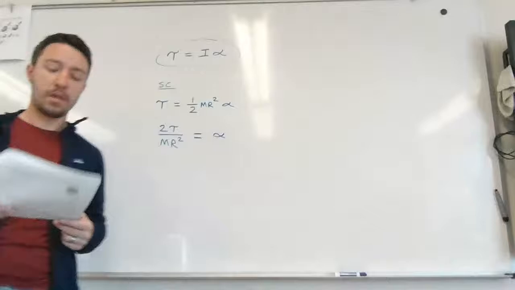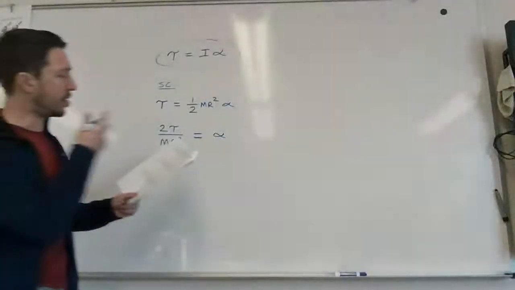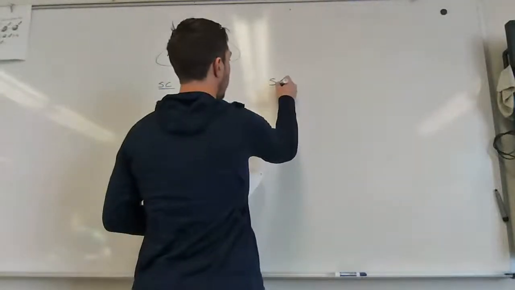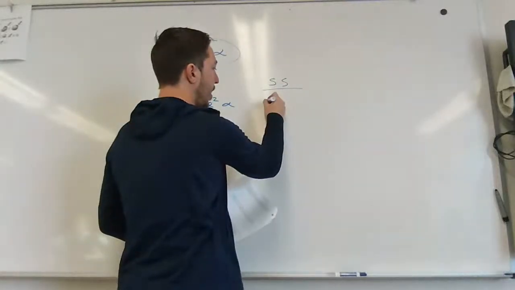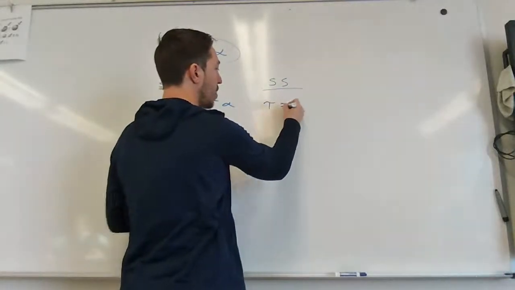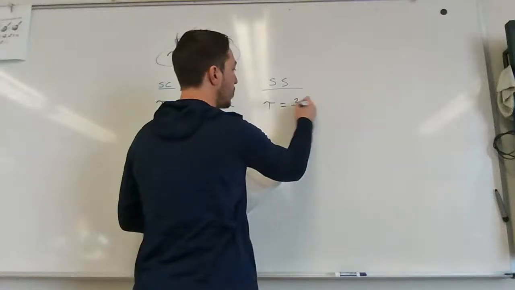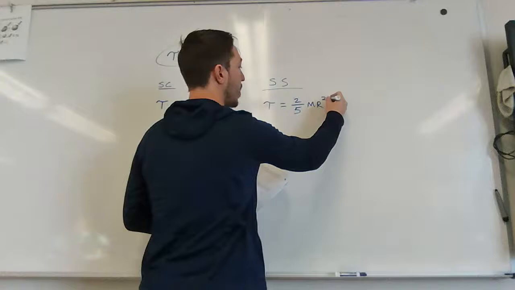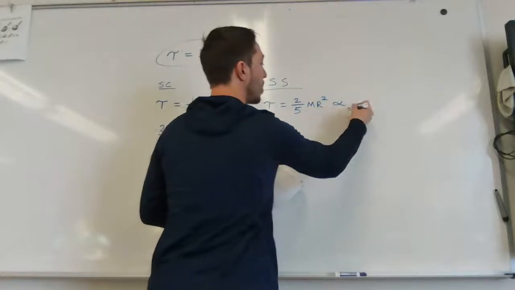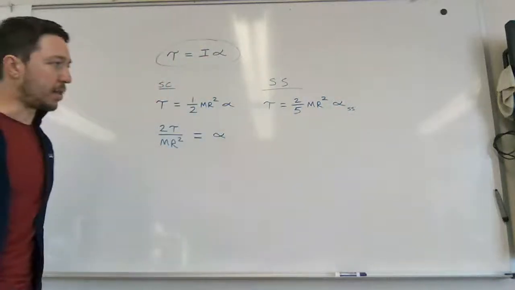Okay, let's do one that's a little bit more complicated. How about the solid sphere? For the solid sphere, I'd have the same torque equals 2/5 times the same mass, the same radius squared, but this time it's the alpha of the solid sphere.